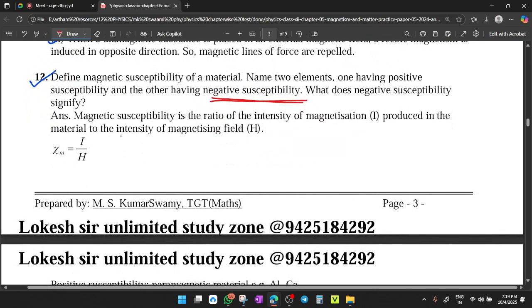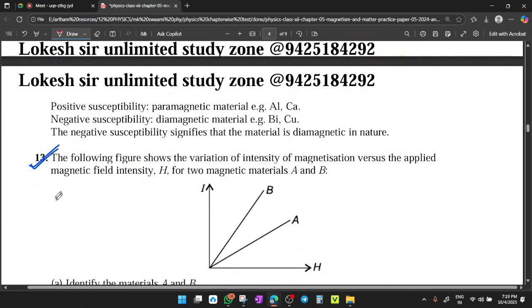Let us read the answer. Magnetic susceptibility is the ratio of the intensity of magnetization I produced in the material to the intensity of the magnetizing field. So chi m, the magnetic susceptibility, equals I divided by H, the intensity of the magnetizing field.